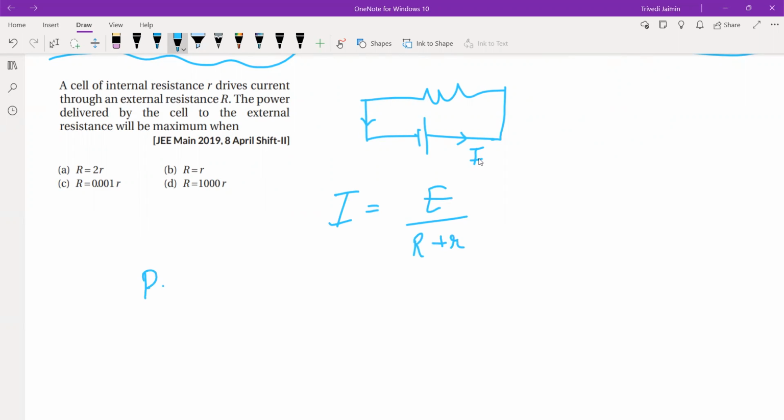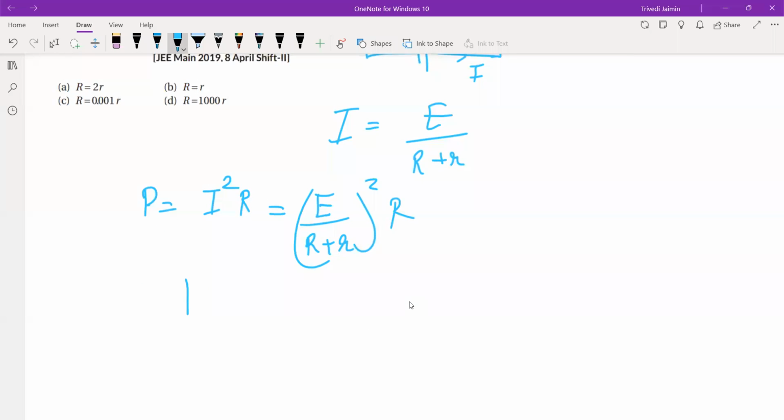Same way for power, P equals I square R, which equals E by (R plus r) whole square into R. So for finding maximum power, dP by dR equals 0. Differentiate this one, we'll get it.